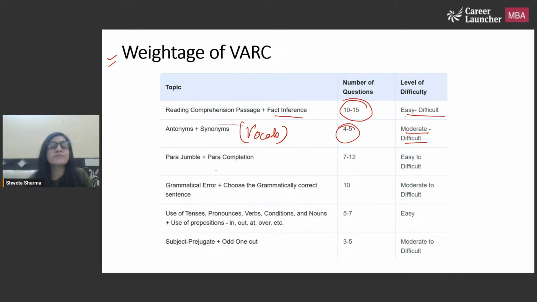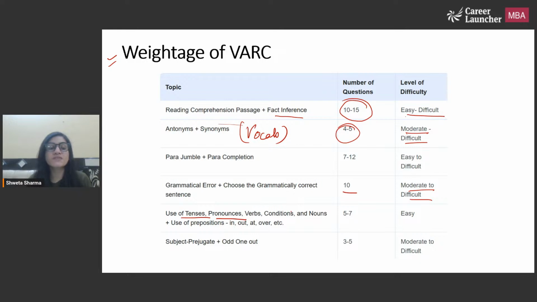Para jumbles and para completions, the number of questions are going to be 7 to 12, and the level of question is again going to be easy to difficult to look at. Okay. Similarly, when it comes to grammar error and choosing the grammatically correct sentence, we have 10 questions, moderate to difficult. What we have in grammar is tenses.